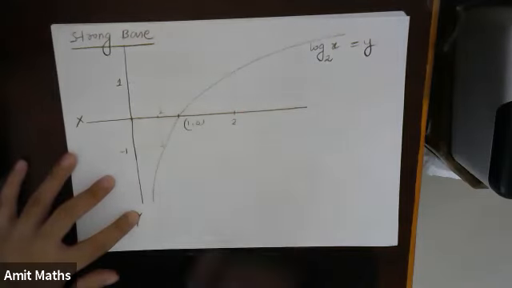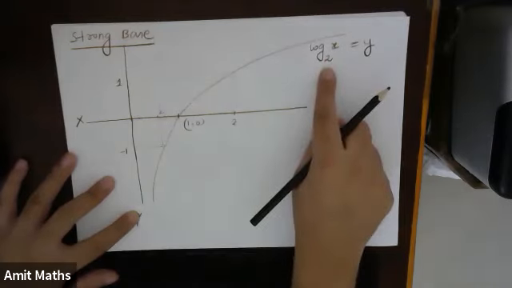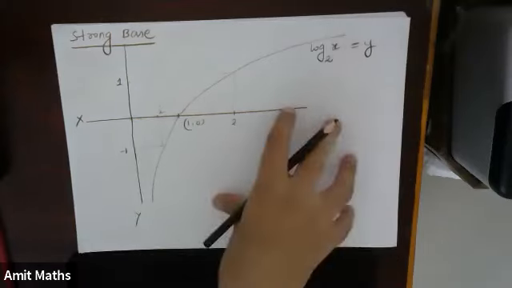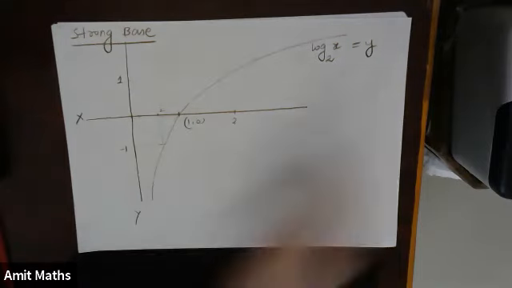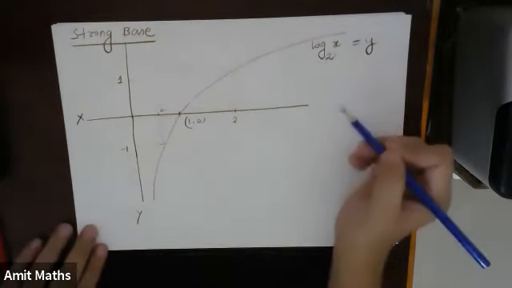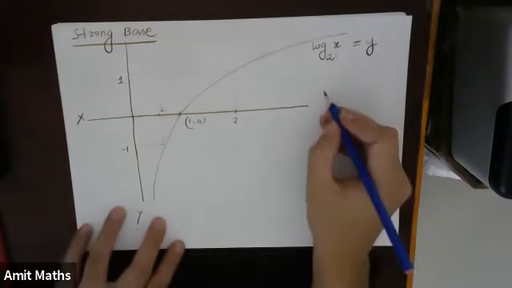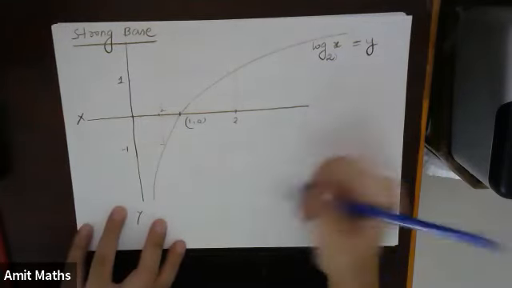Fine. This will be the representation of log with a strong base. Now in this case only, I will take one more example. Suppose instead of this 2, I am taking 10. Instead of 2, I am taking log base 10.